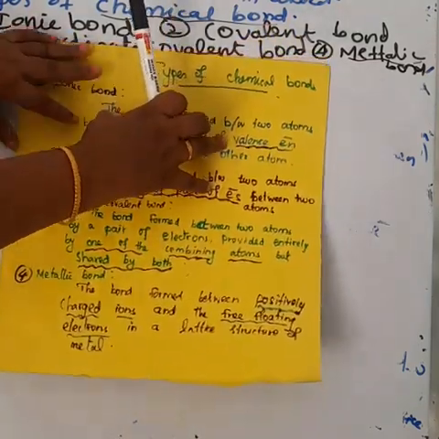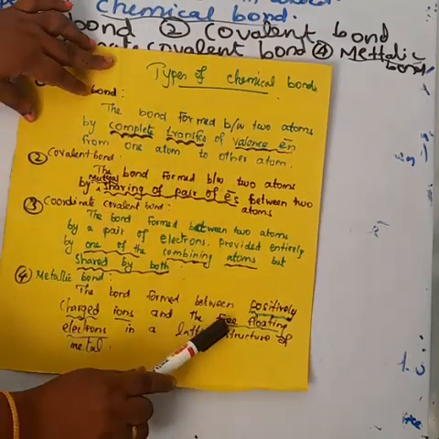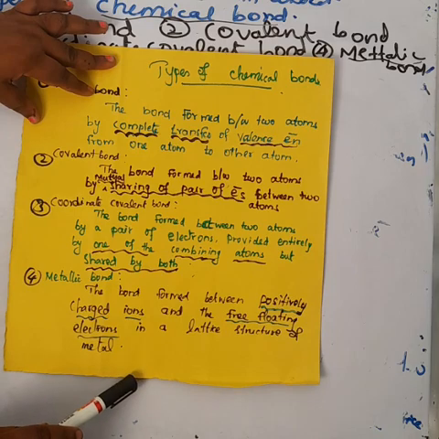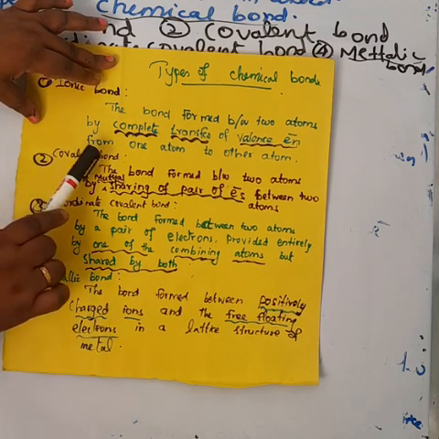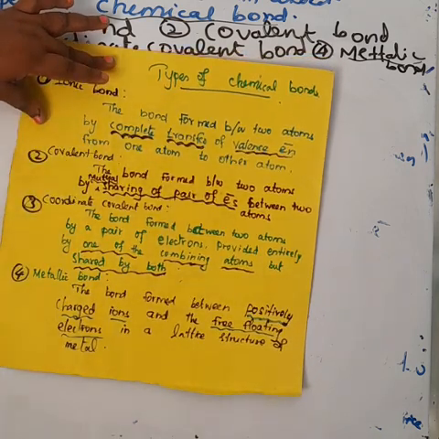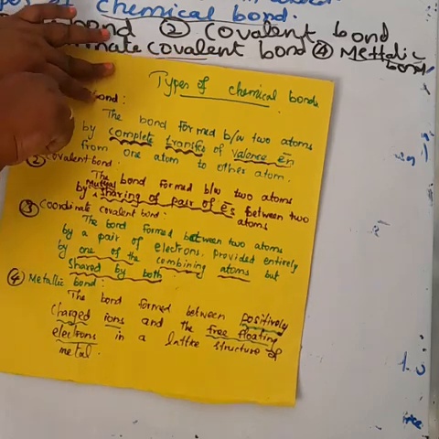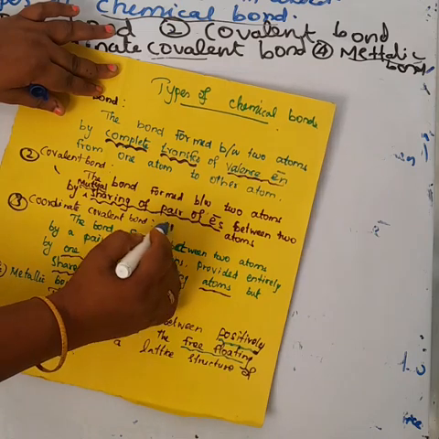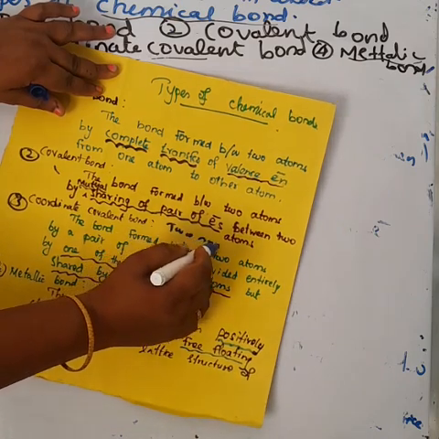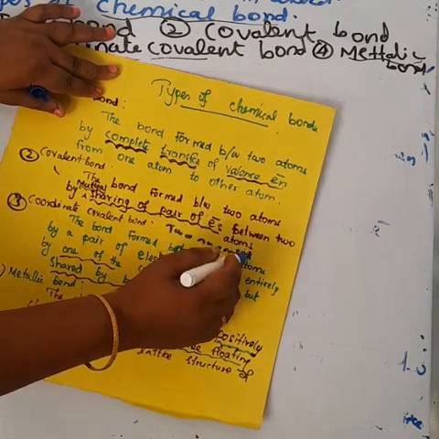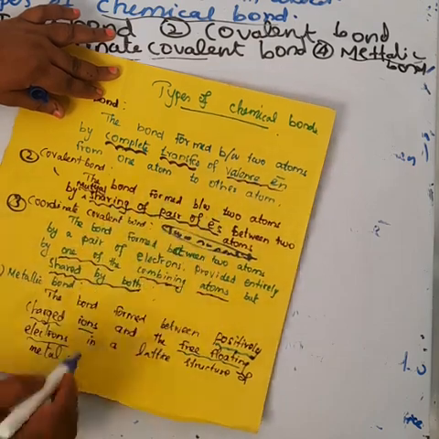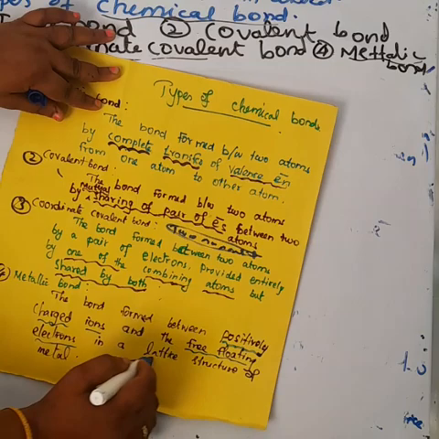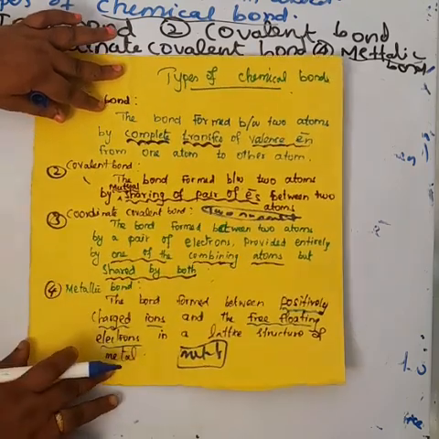The ionic bond is formed between metals and non-metals. Covalent bond and coordinate covalent bond are formed between two non-metallic atoms. But metallic bond is formed only between metals.